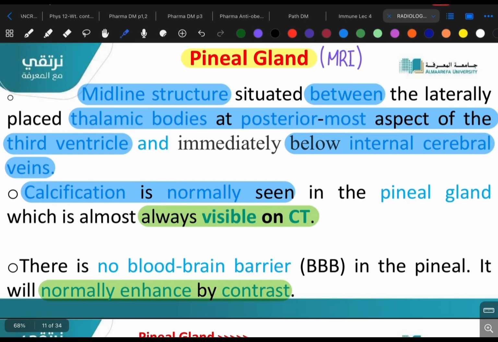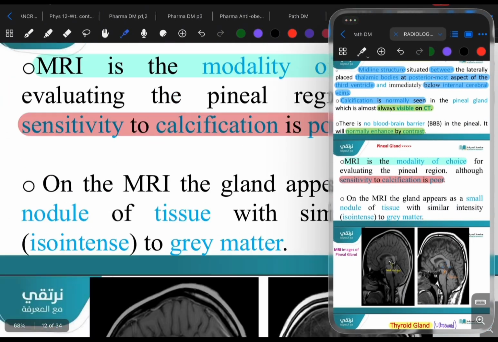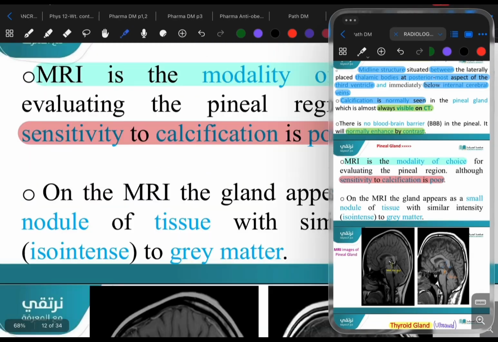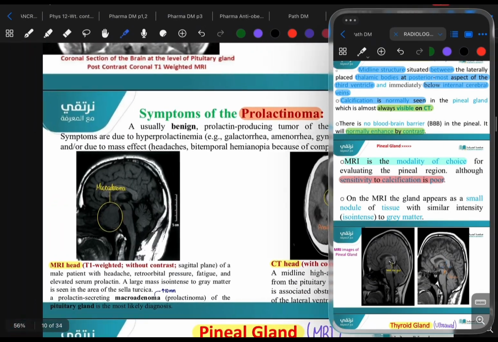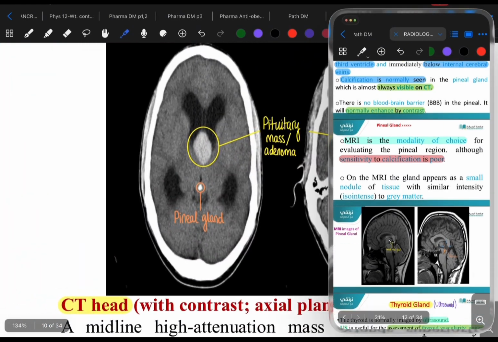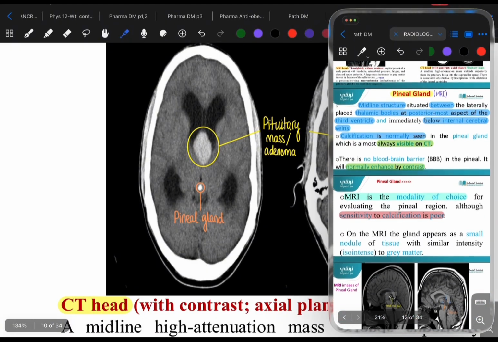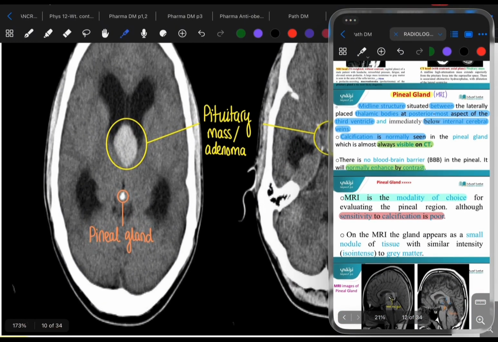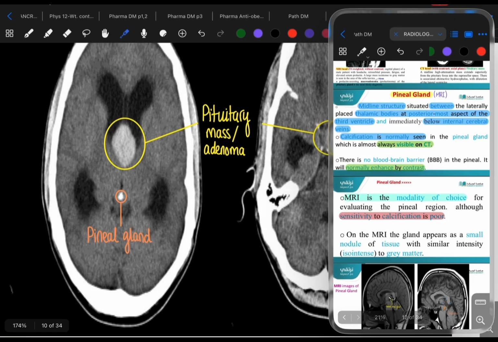Here we have the anatomy part, which is the structure, or where exactly the pineal gland lies. Let's see it here, it's more clear. Okay, and then we'll open it here so we don't go back and forth. So it's telling us the pineal gland is a midline structure, in the middle.